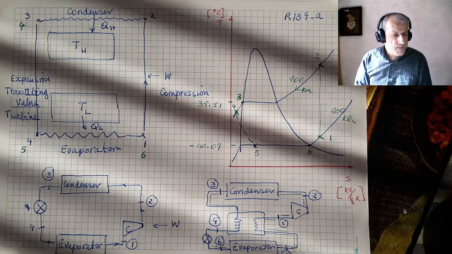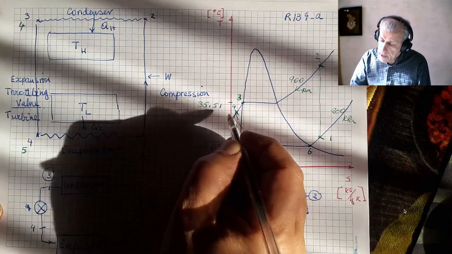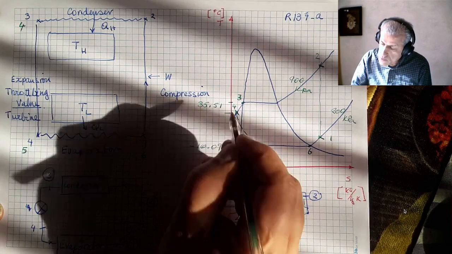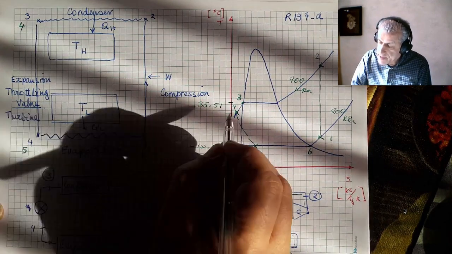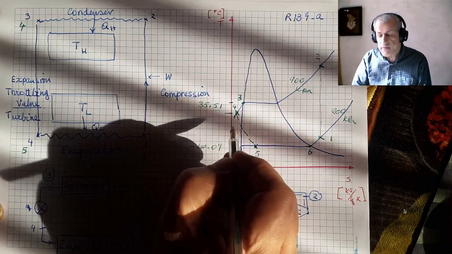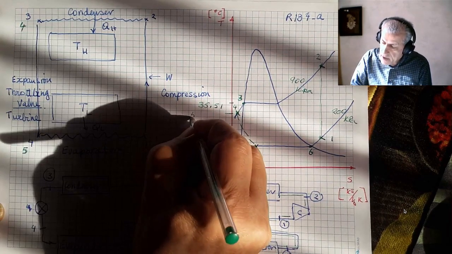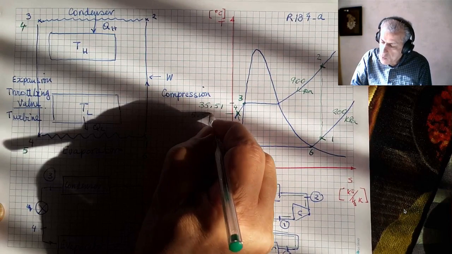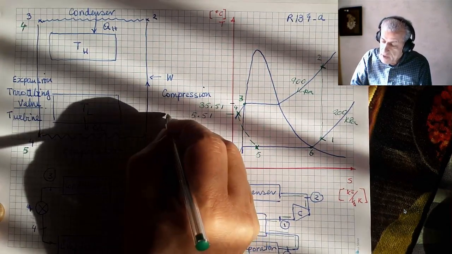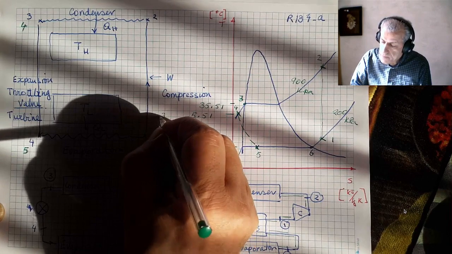Now, the other knowledge that we have is that here we assume that the entrance to the throttling valve is 5.51 degrees C less than 35.51.